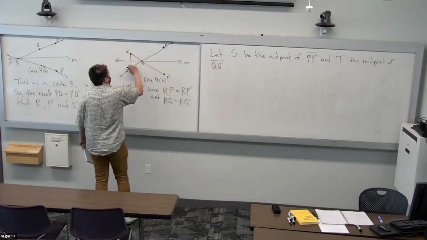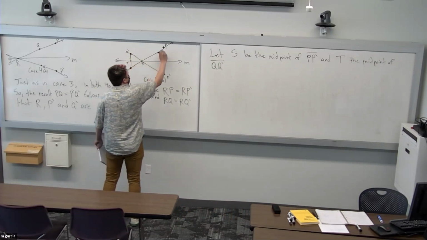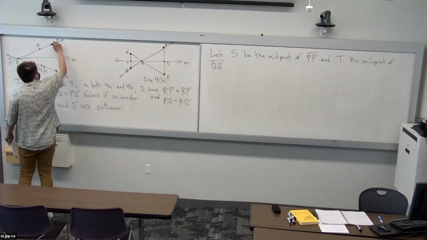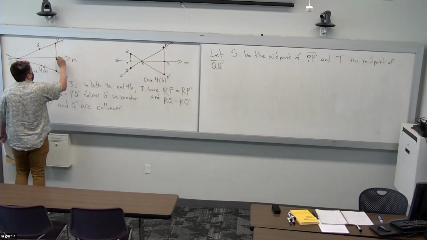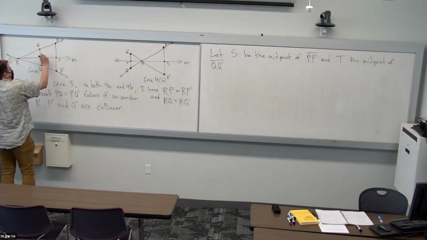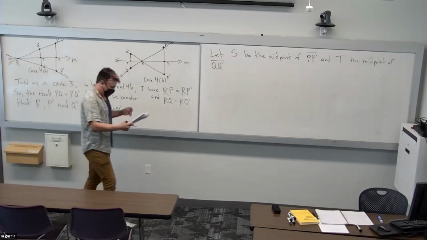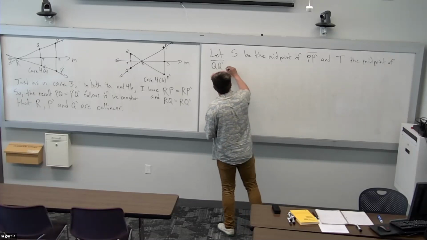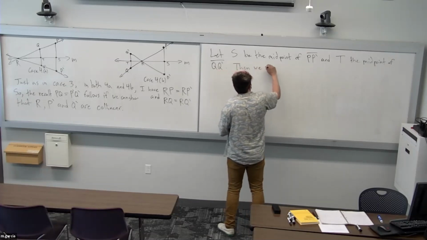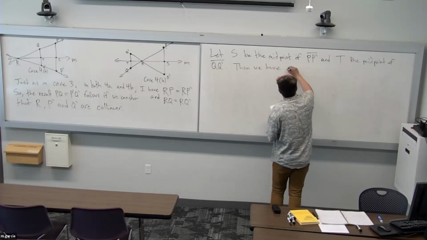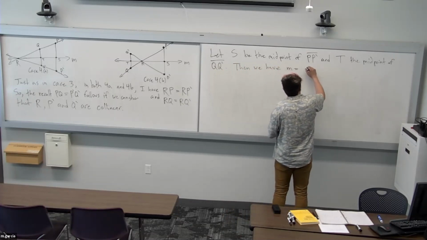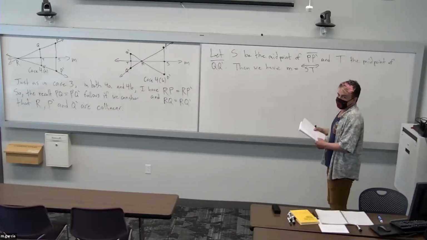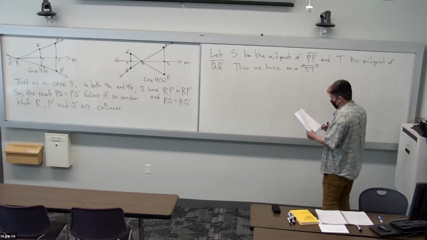Add those to my diagrams here. Okay. Then we have that the line M is just the line determined by S and T. Right? Okay?